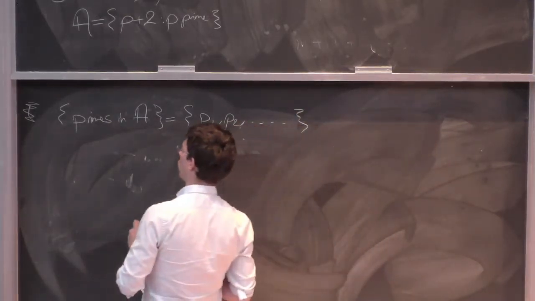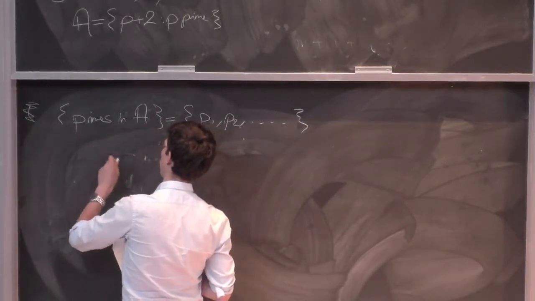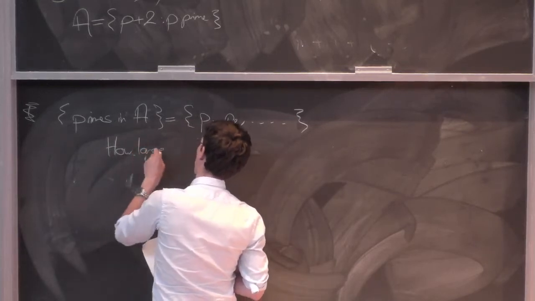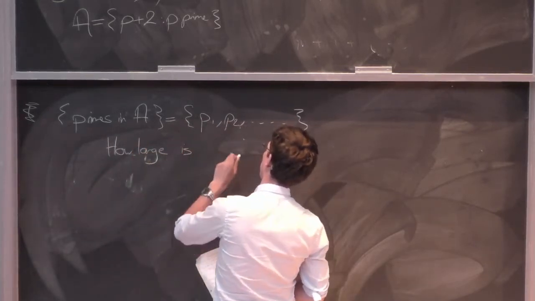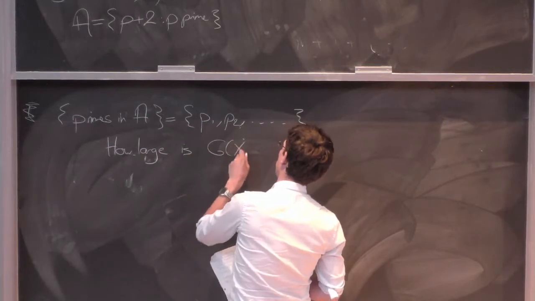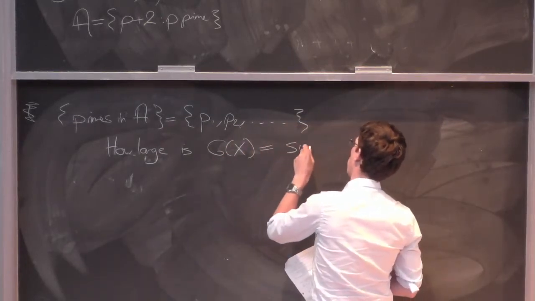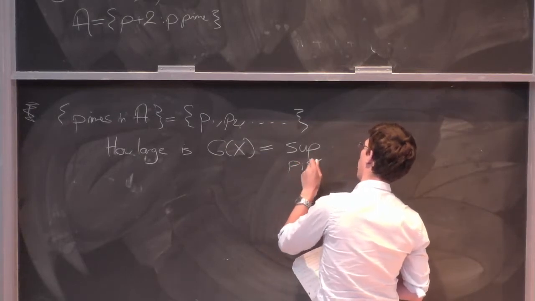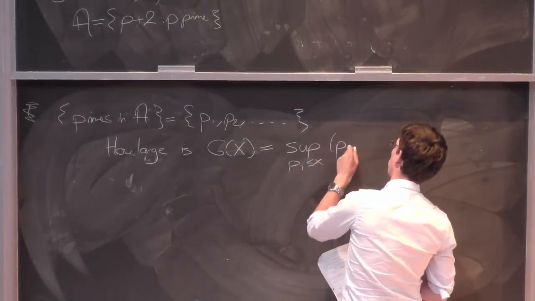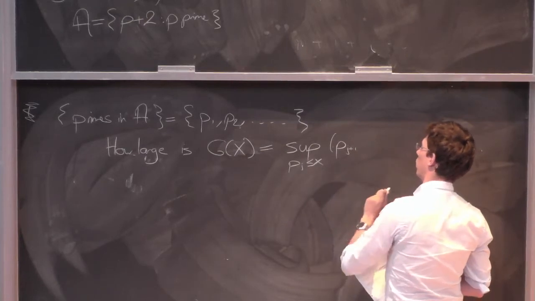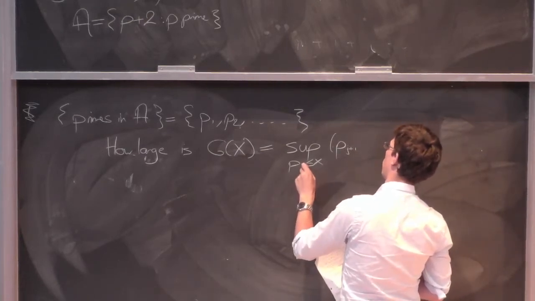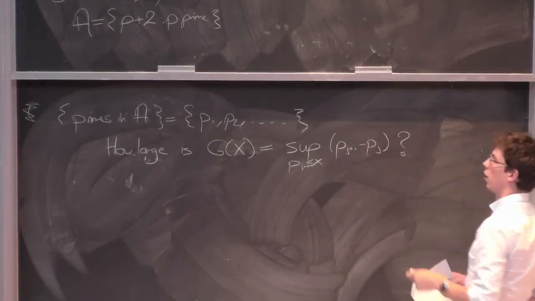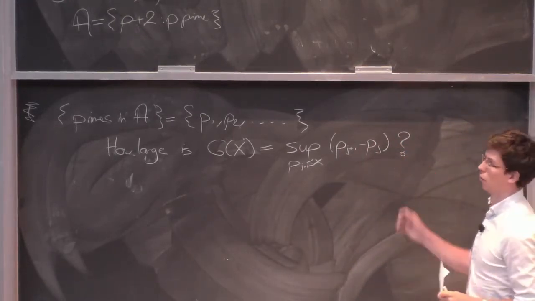And then the question that I'm really asking is, how large is, let's say, g of x, which is the supremum over primes p_j less than or equal to x of p_{j+1} minus p_j, where p_{j+1} is less than or equal to x. And can I get a lower bound which is non-trivial in some sense?